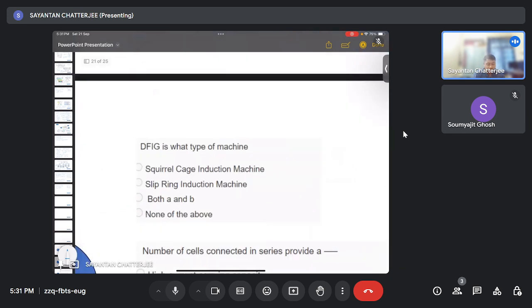DFIG is what type of machine? Squirrel cage induction machine, slip ring induction machine, both A and B, none of the above. Squirrel cage, where we have the rotor bars.